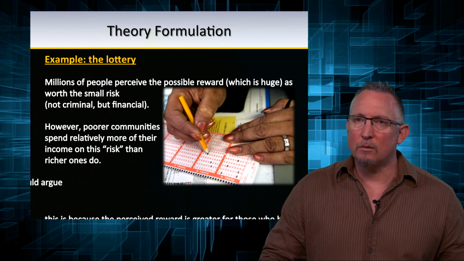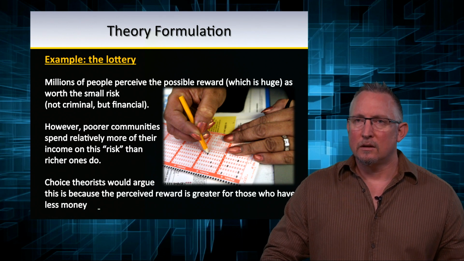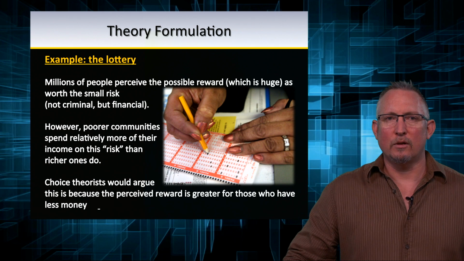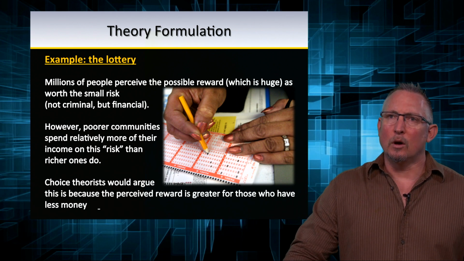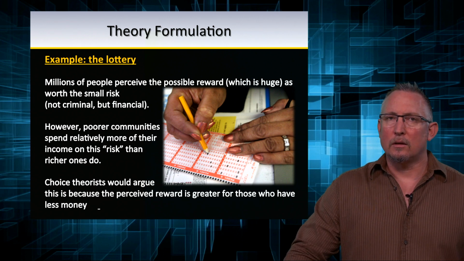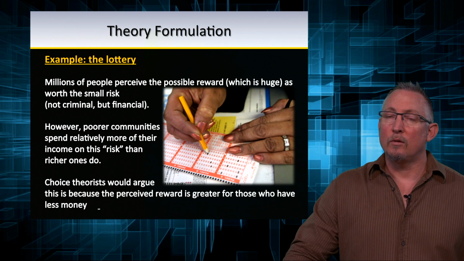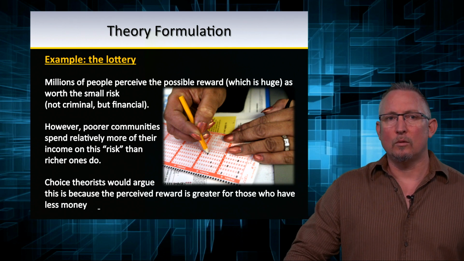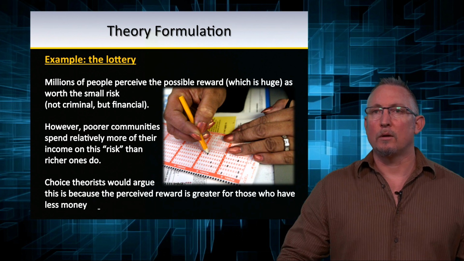And if we wanted to study why this is, we would find that the data shows, and choice theorists suggest, that this is because the perceived reward is greater for those who have less money. For those who are fairly wealthy, the reward would have to be much greater, and the perception of the likelihood of that reward lessens relative to how much wealth they might already have.